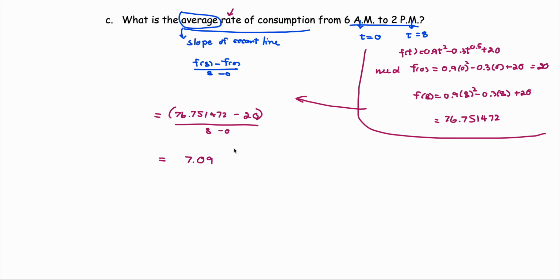It's about the rate, so the numerator is in barrels, divided by the change in time, the 8 hours difference, so time in hours. So this is the average rate of change for the consumption. For a 1 hour change, the average is an increase of about 7.09 barrels.